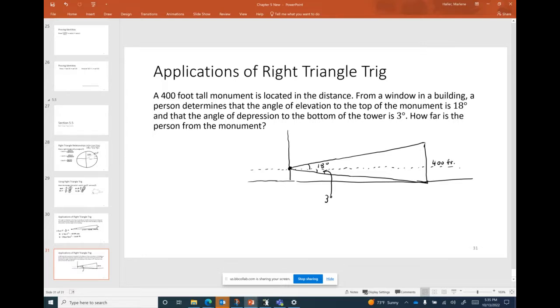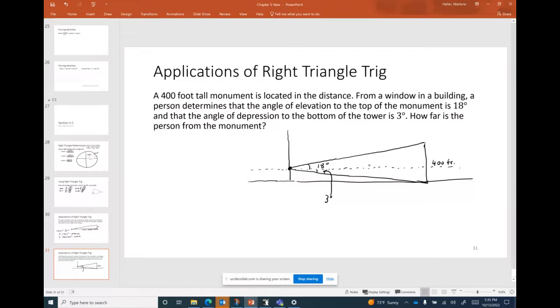So there's a diagram. Always do that when you're trying to solve a problem. Have a visual to look at. Now, what are we supposed to figure out? How far is this person from the monument? So how far is that window from the monument? The distance is going to be the length of this horizontal dashed line I put in there.